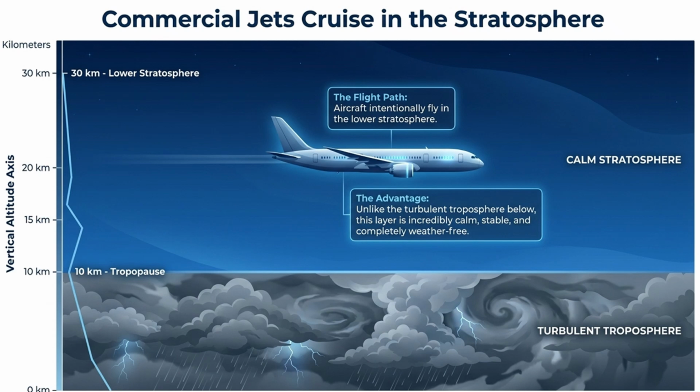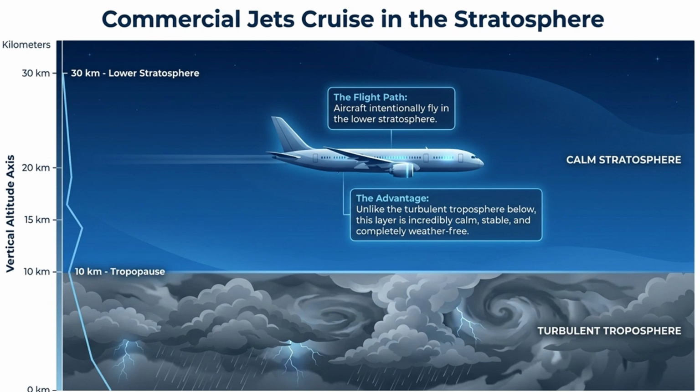Although the exact altitude varies, the main reason aircraft prefer to fly at this higher altitude is that the air is generally more stable and less turbulent than in the lower troposphere. Most clouds and weather disturbances such as thunderstorms are concentrated in the troposphere below.